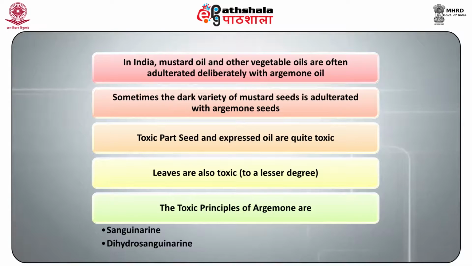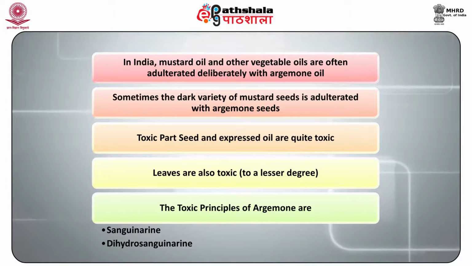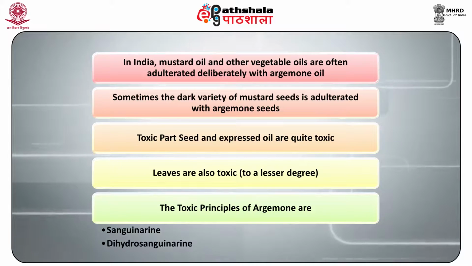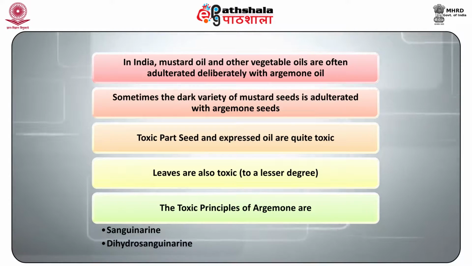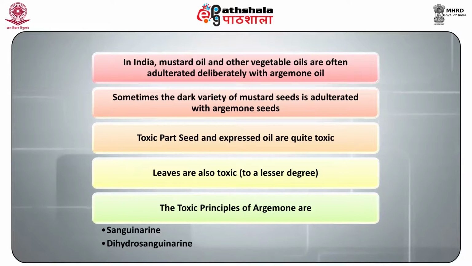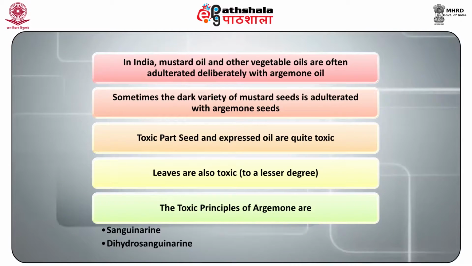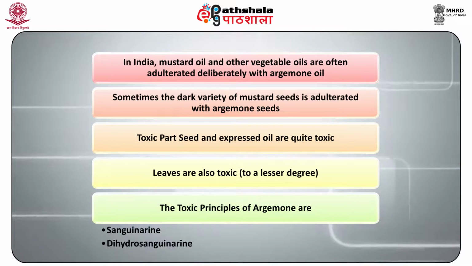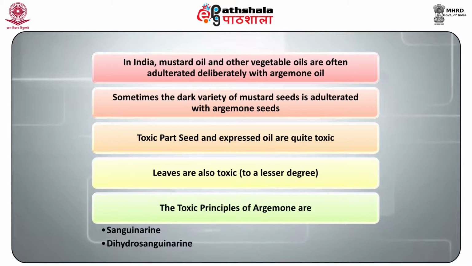The toxic parts, that is the seed and expressed oil, are quite toxic. Leaves are also toxic to a lesser degree, and the toxic principles of argemone are sanguinarine and dihydrosanguinarine. Both of them are physiologically active benzophenanthridine alkaloids.